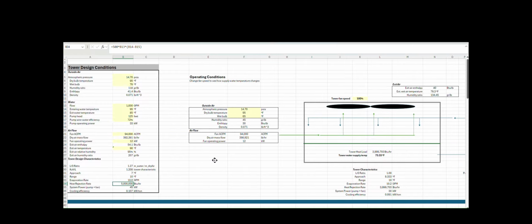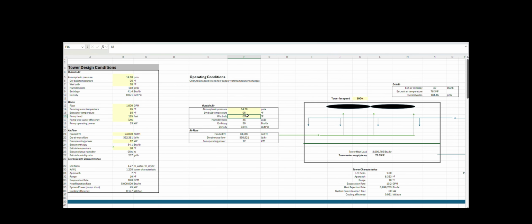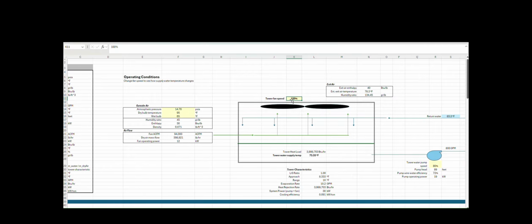If your L over G ratio stays constant, and it would stay constant, let's say, because your outdoor air condition's always going to change, but let's say you want to know what's the coldest water I could possibly make. Well, that's going to be running at 100% fan speed, and that's assuming you're not going to vary your condenser water or your tower water pump speed.